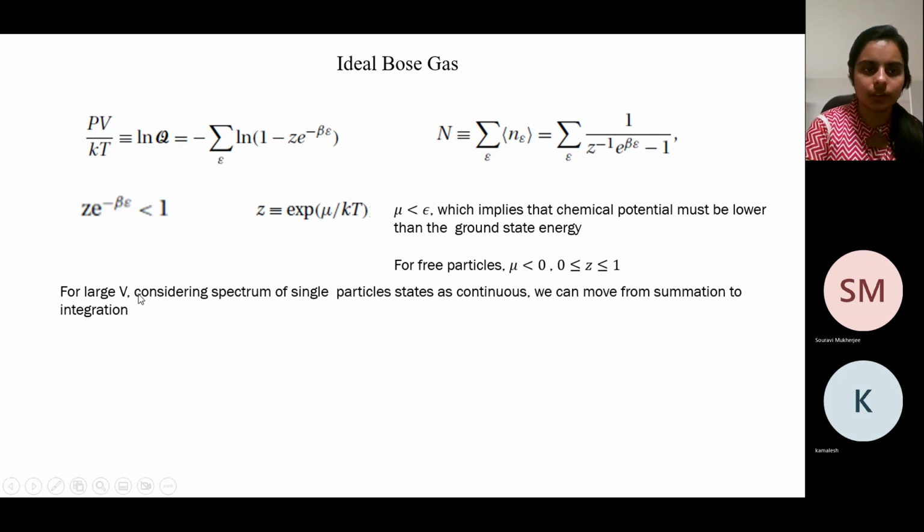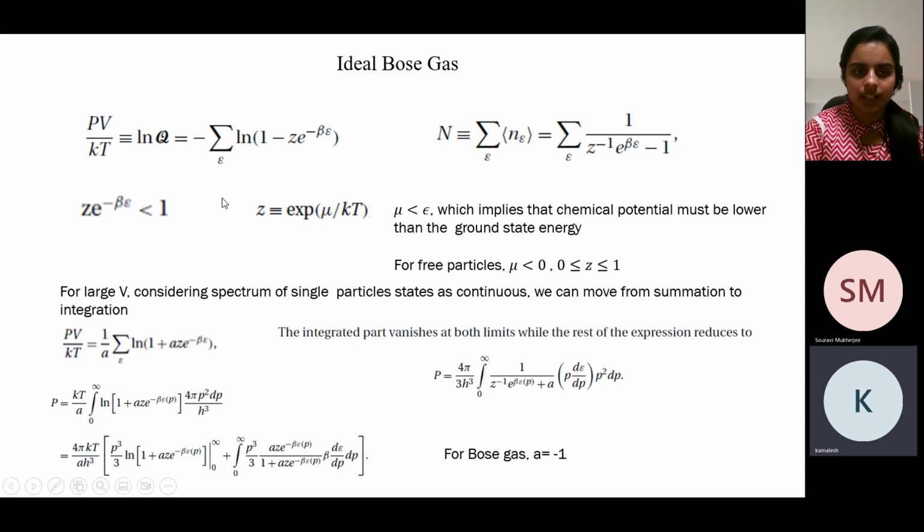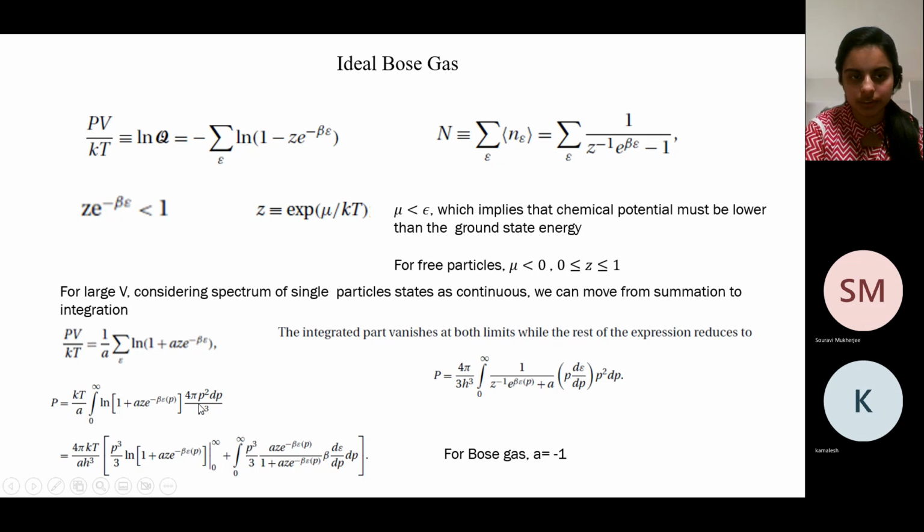Now, when you consider that the spectrum of single particle states is continuous, for large V you can change this summation to an integral over the phase space. In the general case we have not put the value of a yet, and this is what the expression would look like. Then this would go to 0, and finally this would be your expression for pressure.